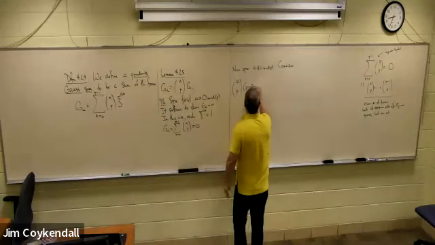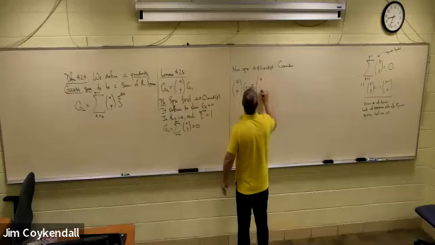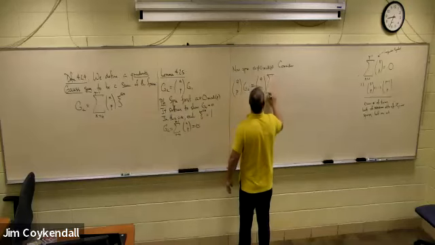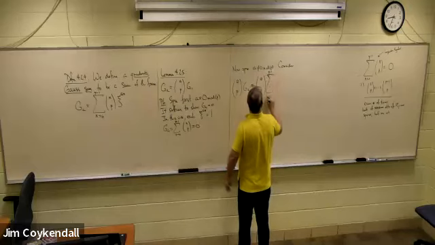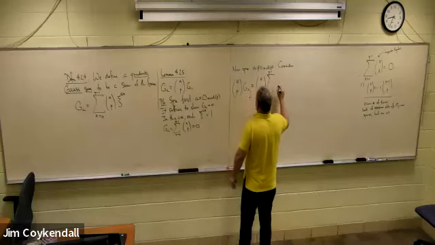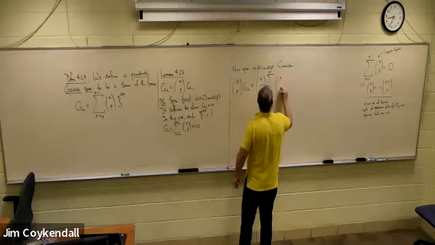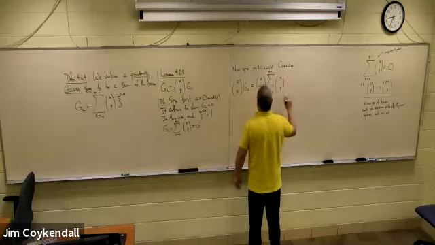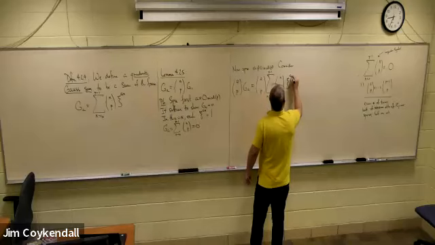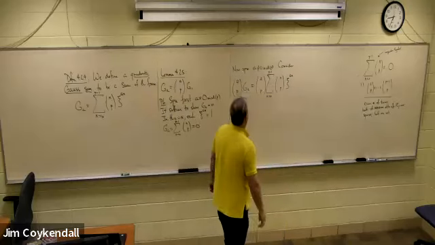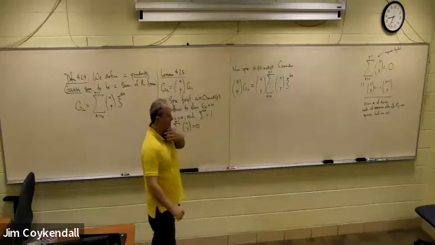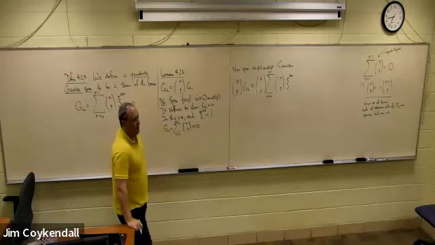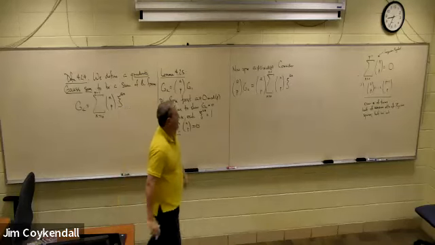This is in fact... Anybody see what we did here? Multiply the Legendre symbol on the outside inside the sum. Okay, right.